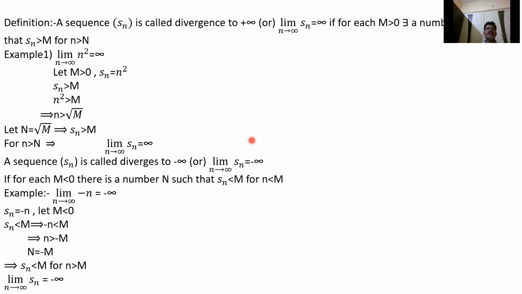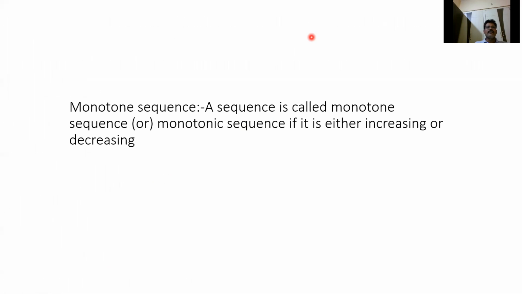One more problem. When you say a sequence diverges to plus infinity, the limit as n tends to infinity of Sn equals infinity. First, a sequence is called monotone or monotonic if it is either increasing or decreasing.